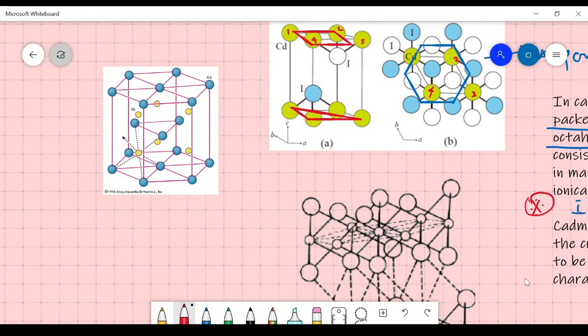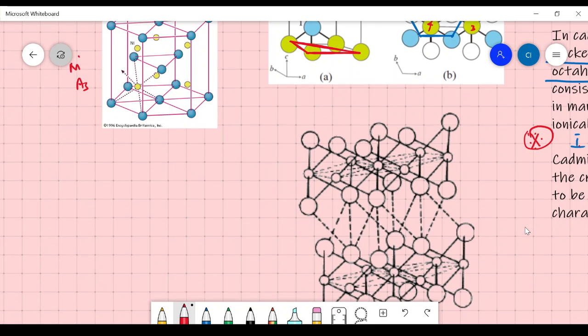So here is the nickel arsenide structure which we saw in the last class. Nickel arsenide. I'm going to draw the structure of cadmium iodide. Let me see how we can proceed. So first point, second point, third point, fourth point, fifth point and sixth point.